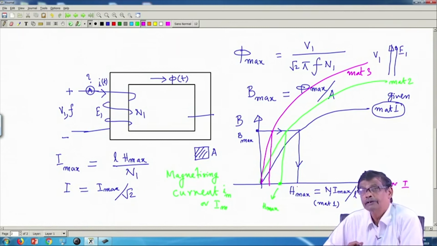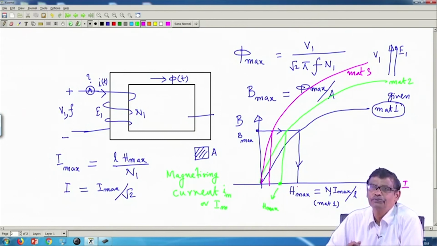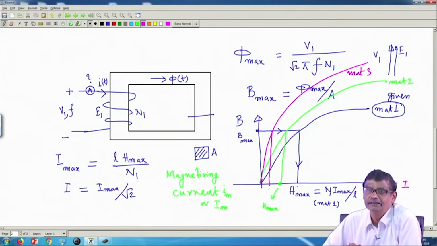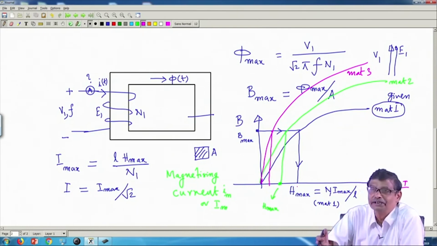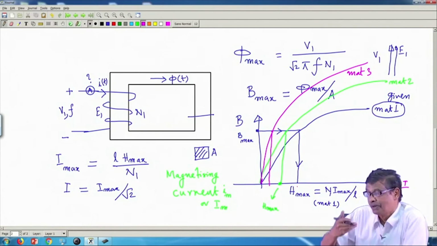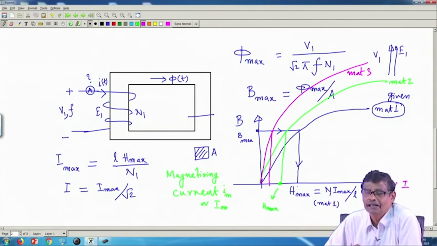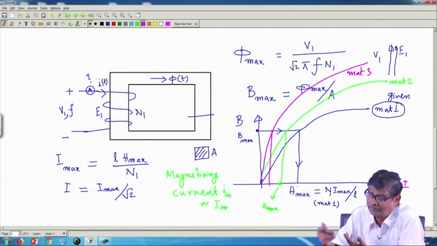In other words, to establish a given flux, if you use better and better material, the current needed will be smaller and smaller. So, it is a more efficient way of creating flux, provided you use better and better material. Suppose there is no restriction, plenty of better materials are available.